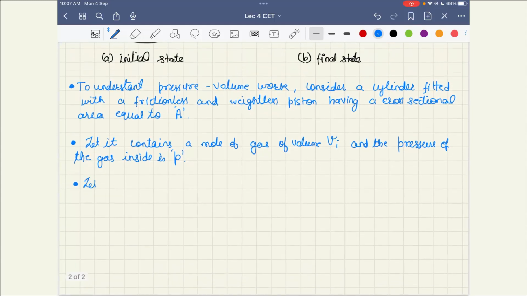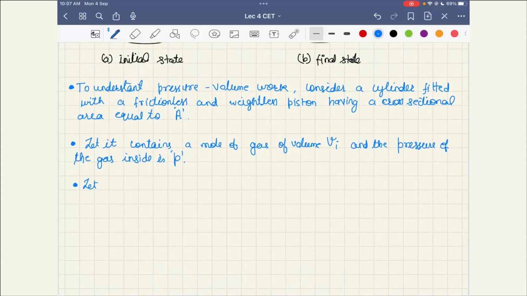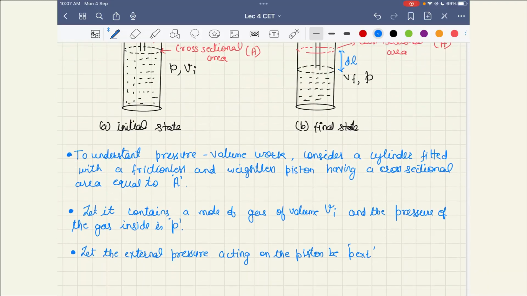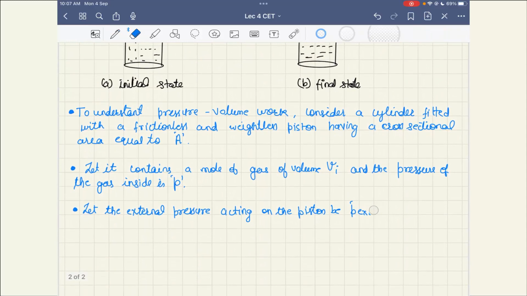Now let the external pressure acting on the piston be P external, or PEX.